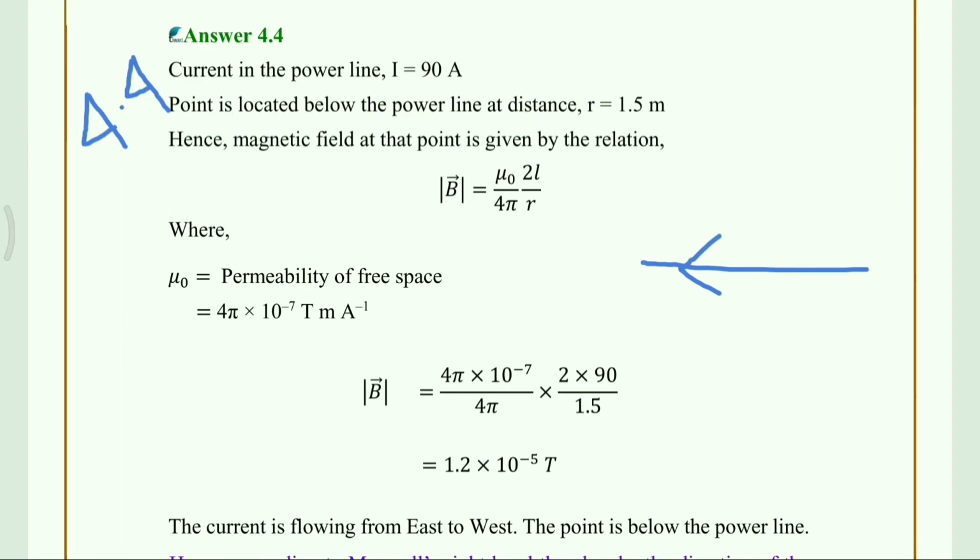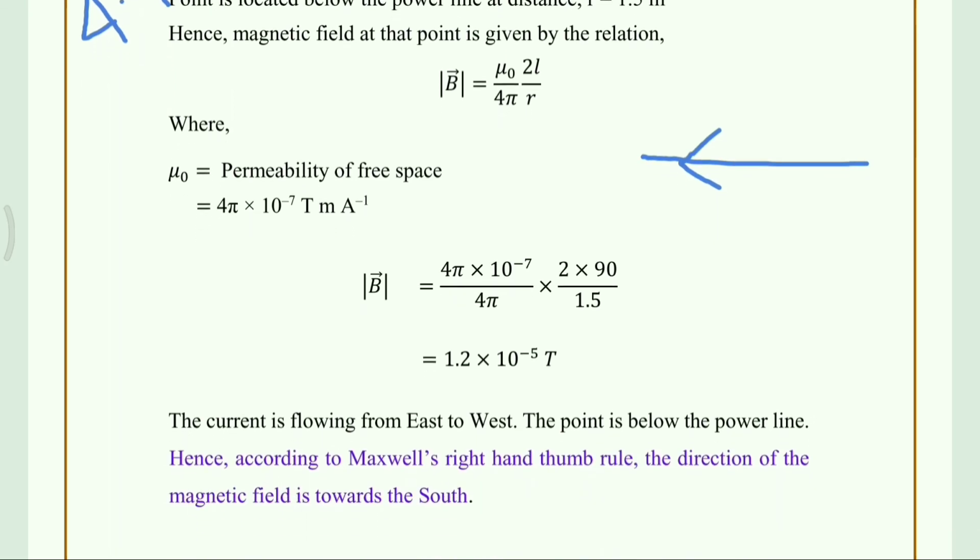To find the direction, we have to grab the current carrying conductor flowing from east to west. The thumb will indicate the direction of the current. Then the remaining four fingers of the right hand curl from north to south. So 1.5 meter below the power line, your magnetic field will be from north to south. What is the answer? Here the field is written as towards the south.